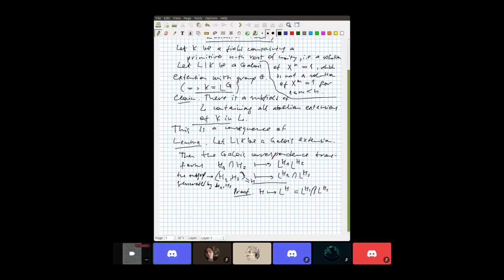And concerning the compositum, you can ask what happens under the converse Galois correspondence. Let us look at where the compositum goes.